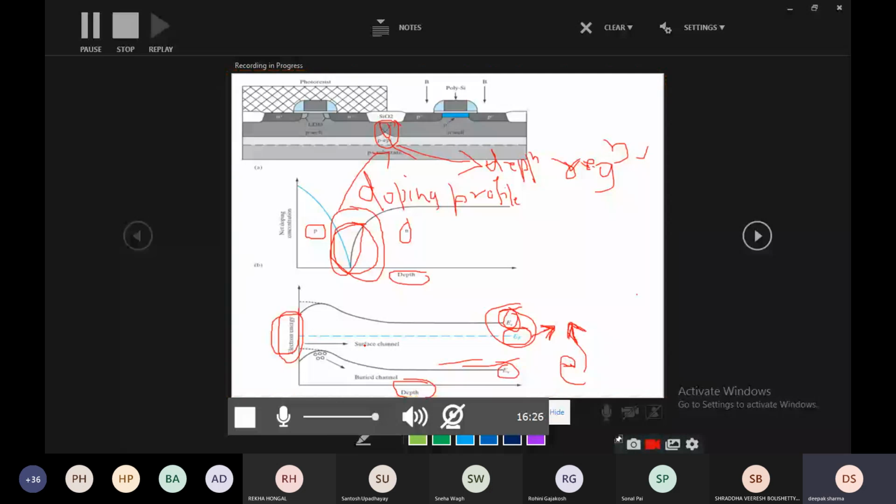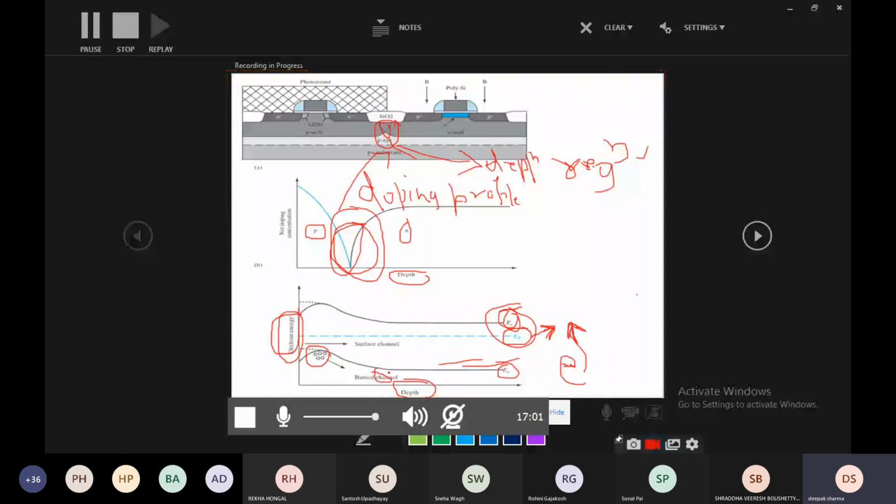And here you are seeing that holes are being collected in the valence band, right? What do you mean by holes in the valence band? When will holes appear in the valence band?